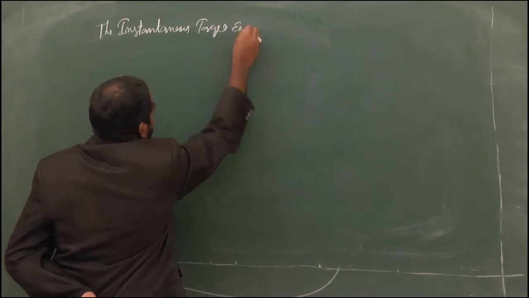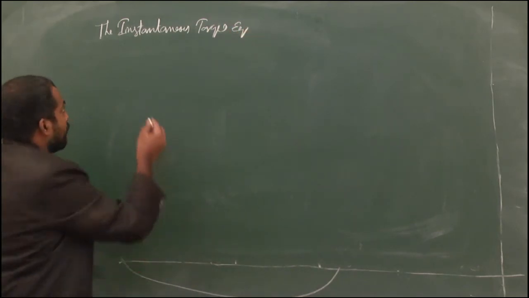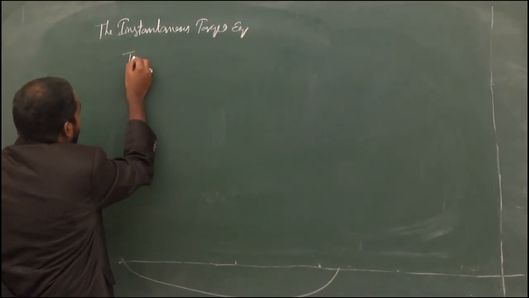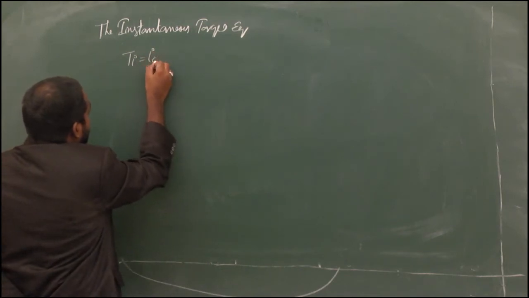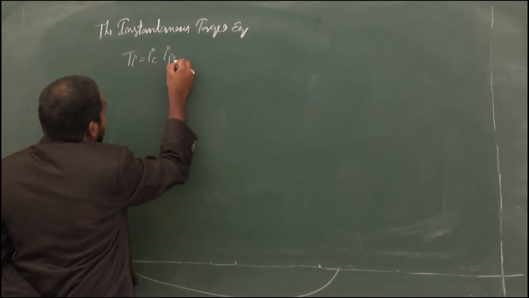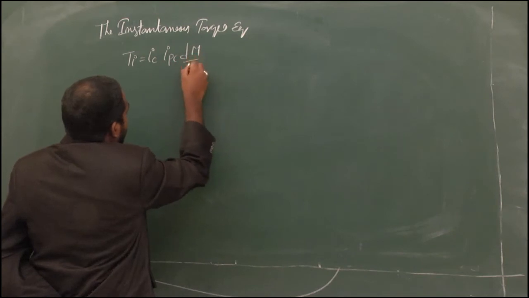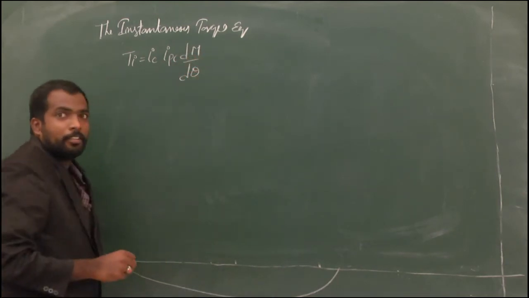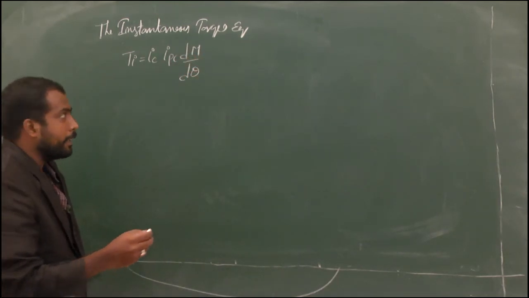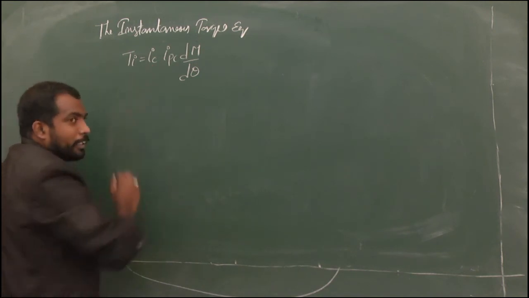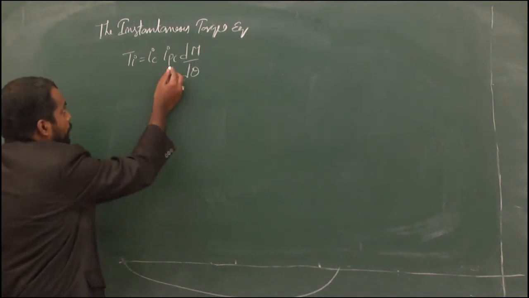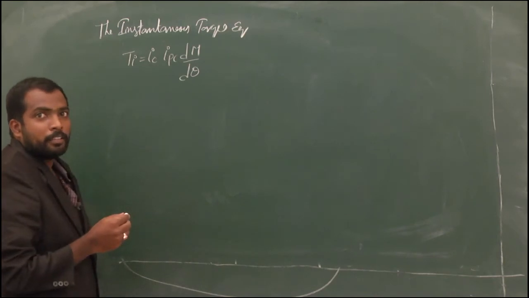Instantaneous torque equation of a dynamometer type instrument is given by Ti is equal to IC IPC dm by d theta, where IC is the current through current coil and IPC is the current through pressure coil, as discussed.